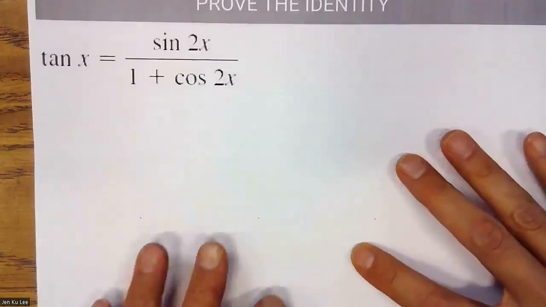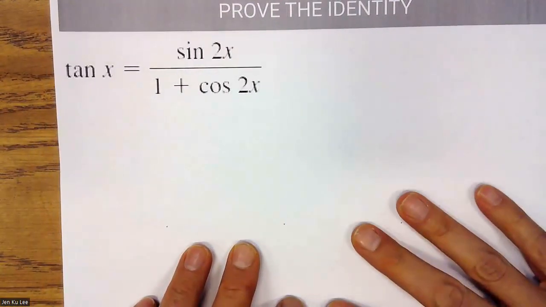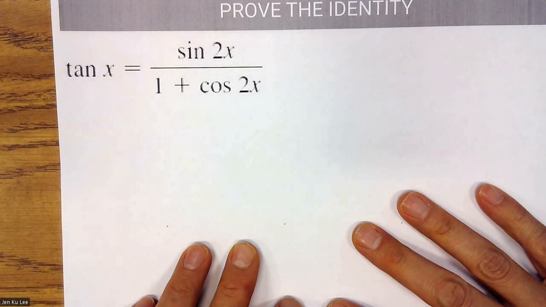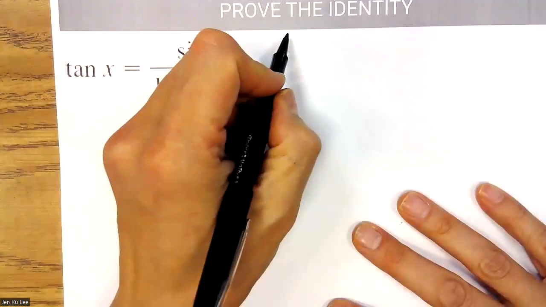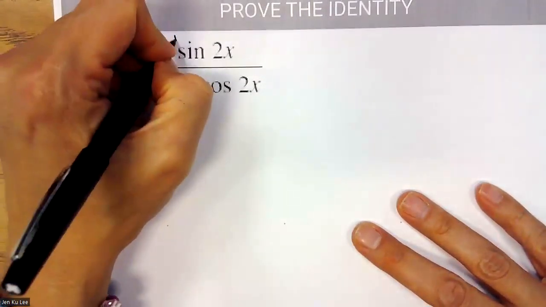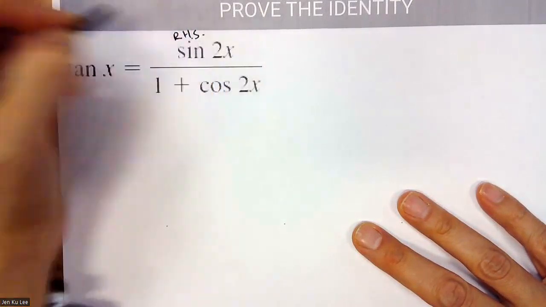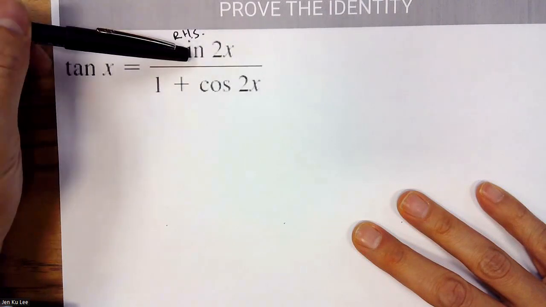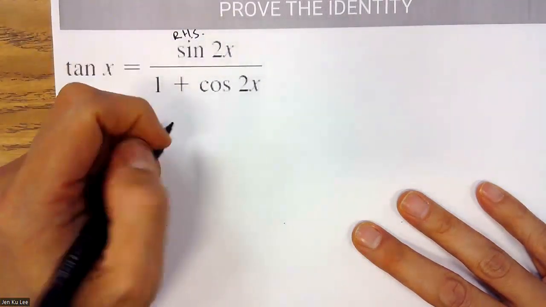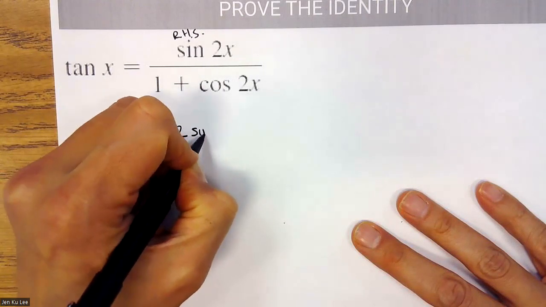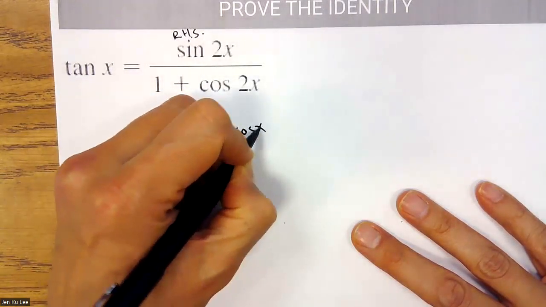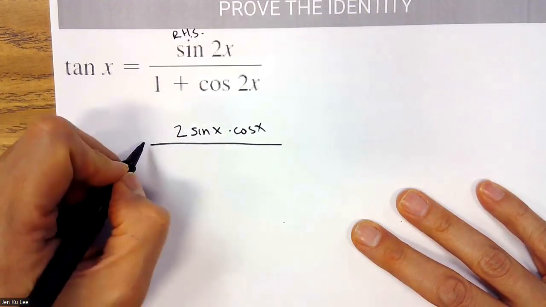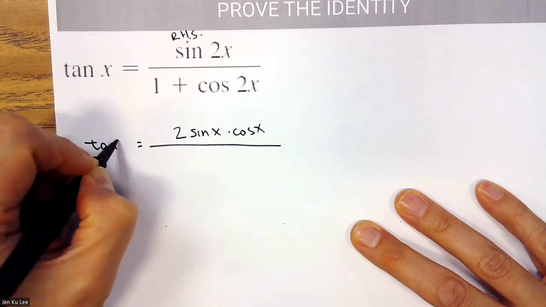Okay. So my next one, my last one is this. Tangent of x equals sine of 2x over 1 plus cosine of 2x. So again, my right hand side now is more complicated. So again, since I only have one formula for sine of 2x, I'm going to plug that in. 2 sine of x times cosine of x over 1 plus cosine of 2x.